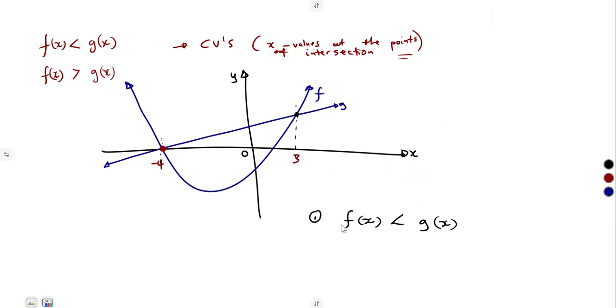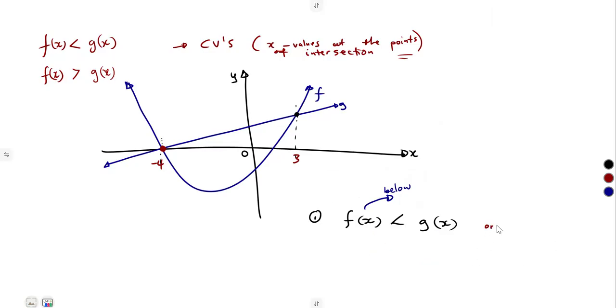So on the graph, f of x is found below g of x. And this can be written as g of x is greater than f of x.